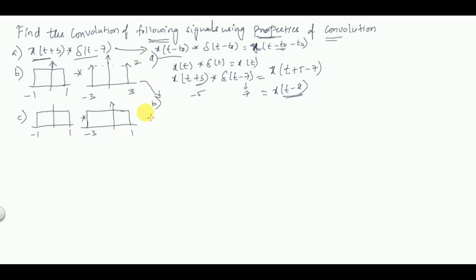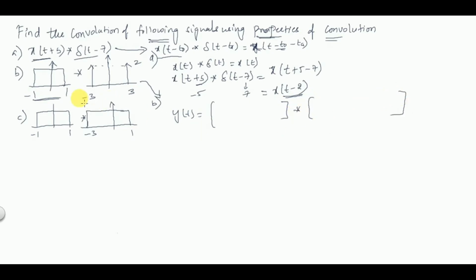Now for B. What is the impulse function given there, and how can we write this function in the standard form? y of t is the convolution of the first signal with the second signal.